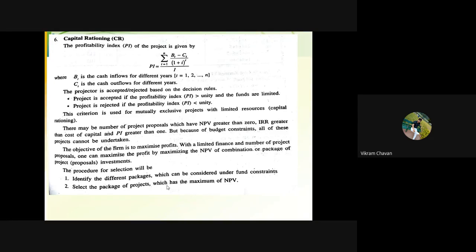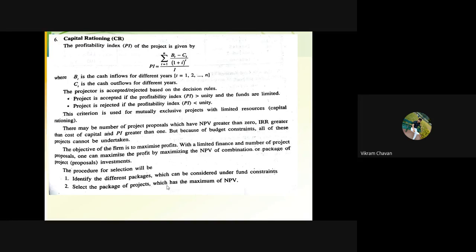The project is accepted or rejected on the decision rule. A project is accepted if the profitability index PI is greater than unity, same as BCR, and the funds are limited. The project is rejected if the profitability index is less than 1, or unity.